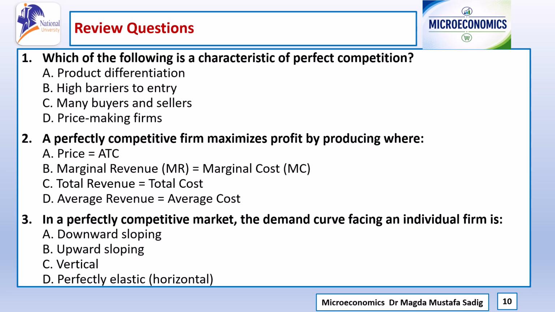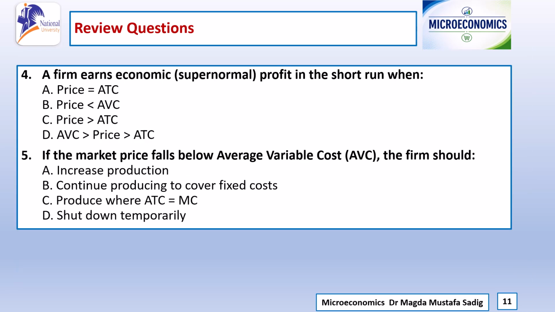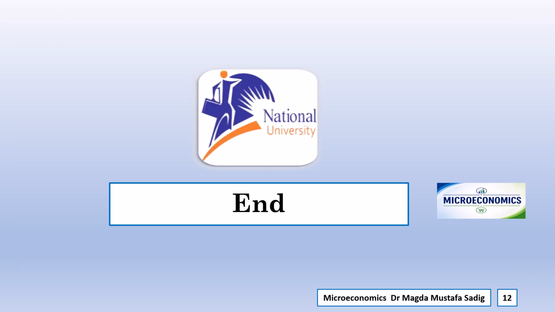Okay. Now I advise my students to review the questions and try to solve them after they study the concepts deeply. At the end, today we learned perfect competition is an ideal market.